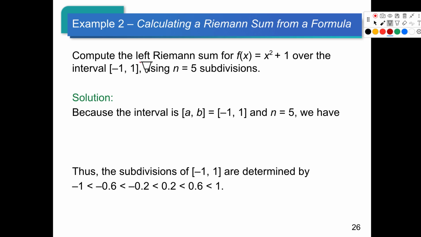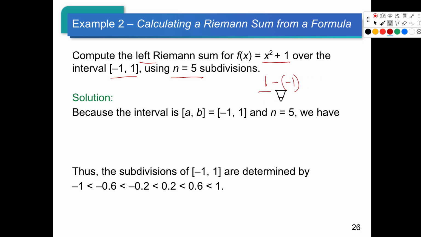Compute the left Riemann sum for this function over the interval -1 to 1 using n equals 5 subdivisions. So they kind of get us started. How wide is this interval? Well, we're going from 1, the right endpoint, and we're going to subtract -1, which is the starting point, right? So it's the ending point minus the starting point.